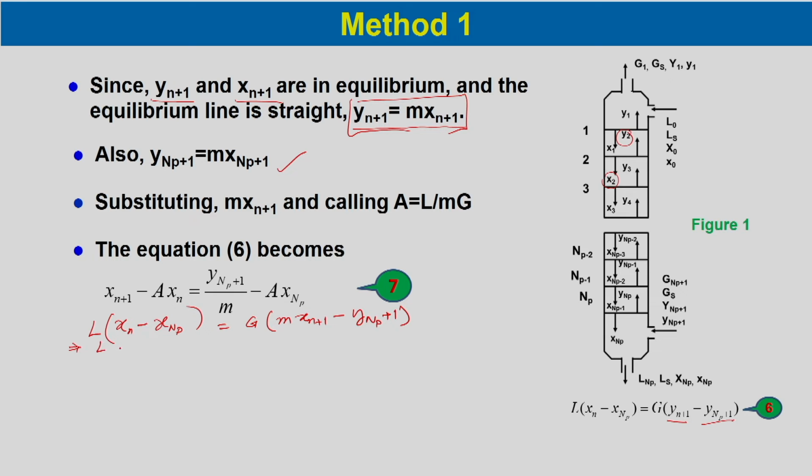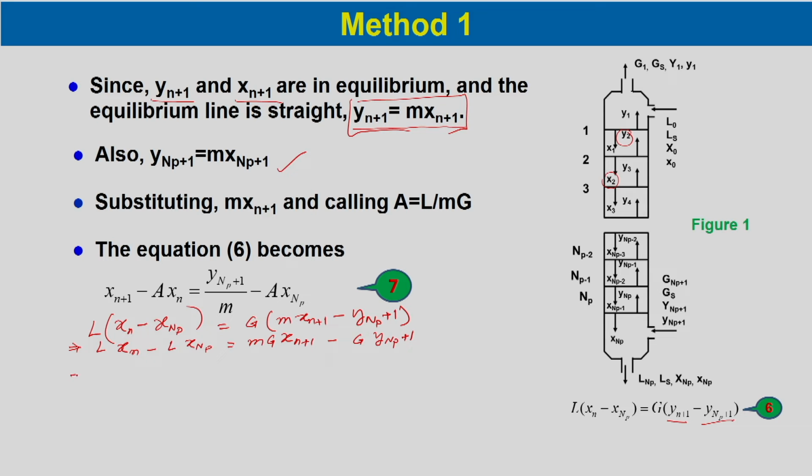Now, if we rearrange and simplify, L x n minus L x n p would be equal to m G x n plus 1 minus G y n p plus 1.